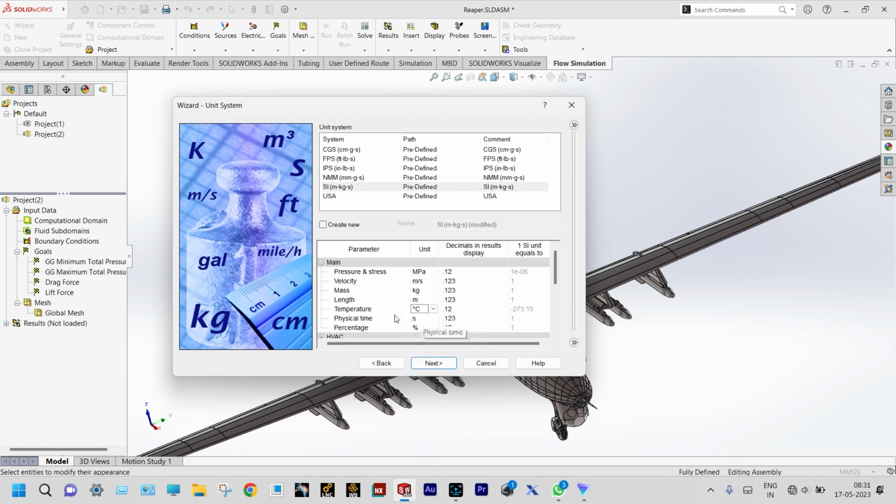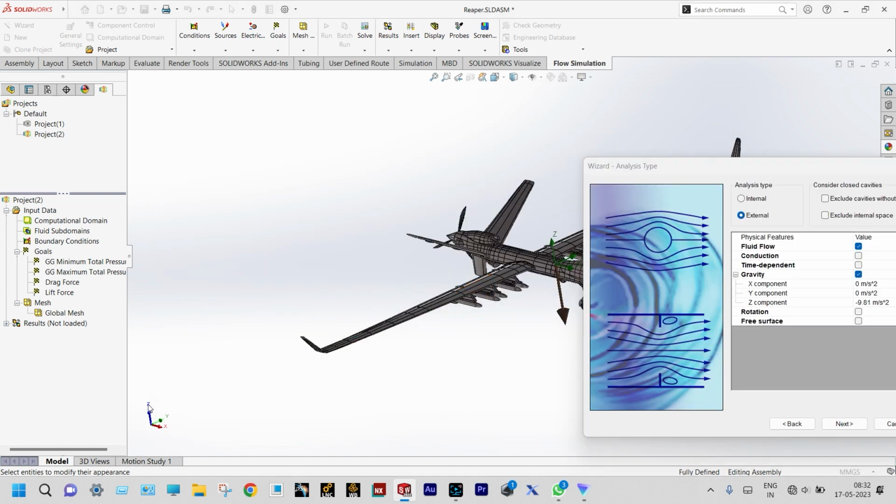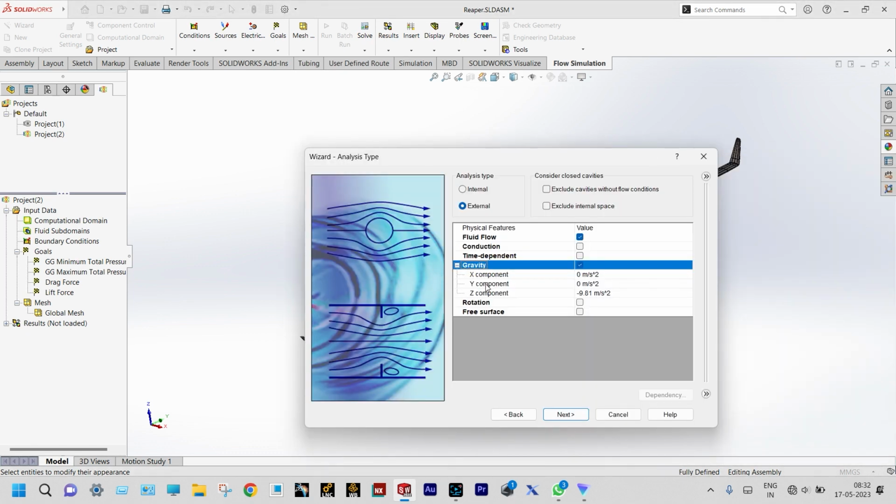As per normal practice, we're considering temperature as degrees Celsius. Next to that, it will be an external analysis, and from physical features it will be fluid flow, and we're considering gravity also. So you can see the direction of gravity is Z, right? Okay, so along Z it will be minus 9.81 meter per second square.